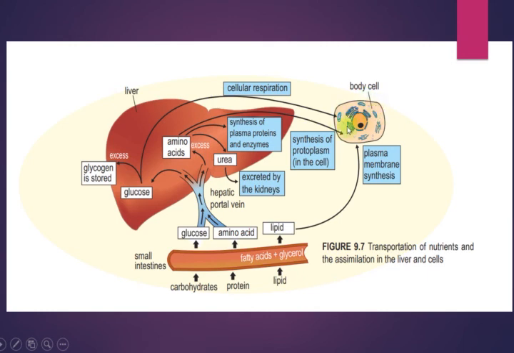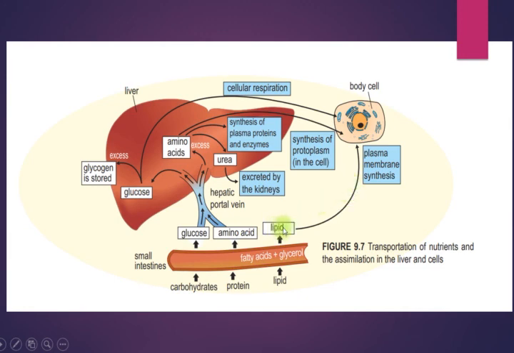So that is what we had discussed just now. And then what happens to the fatty acids, glycerol, and vitamins A, D, E, K? These are absorbed into the lacteal of the villus, then enter the lymphatic vessel, then the thoracic duct, and then enter the blood circulatory system via the left subclavian vein.